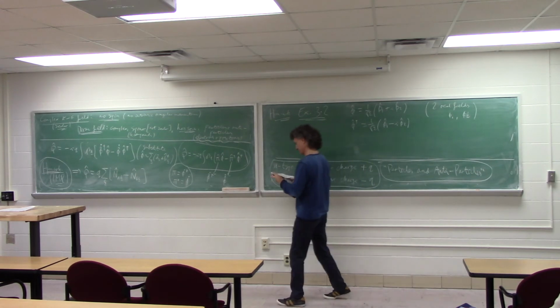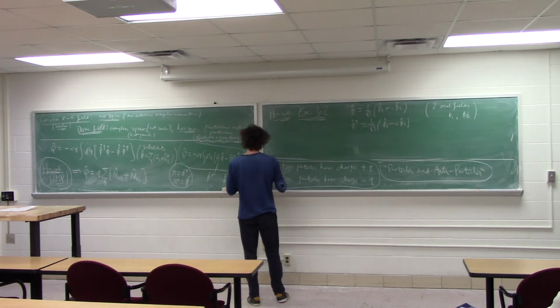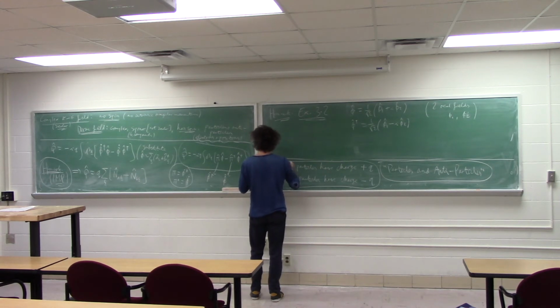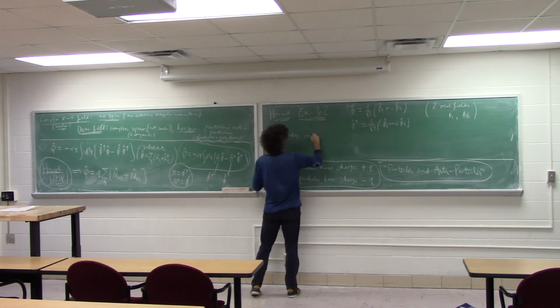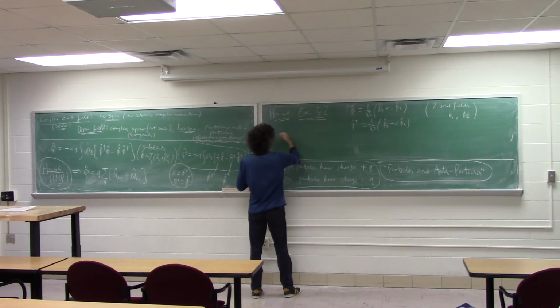Now, what you do in exercise 3.2 is you show what you have are two independent fields.